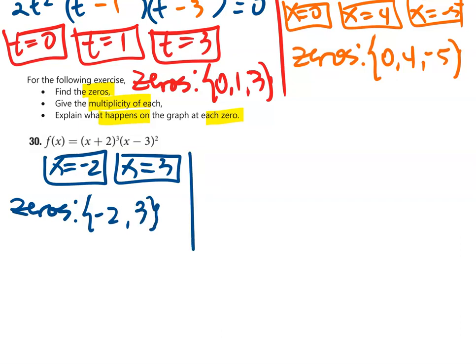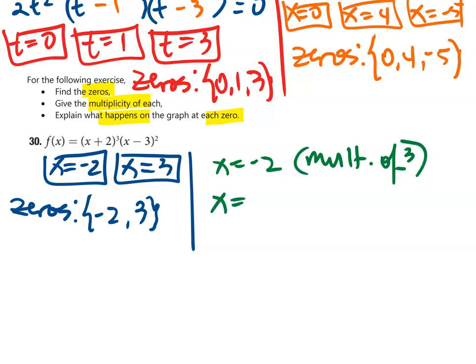So next, the multiplicity of each. When x is equal to negative 2, it has a multiplicity of 3, the exponent.